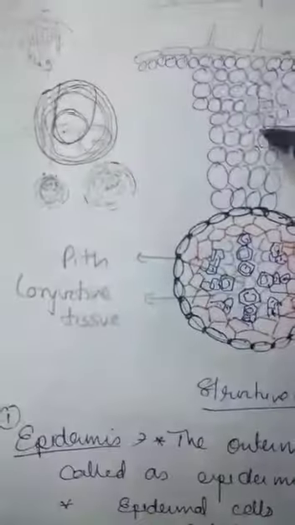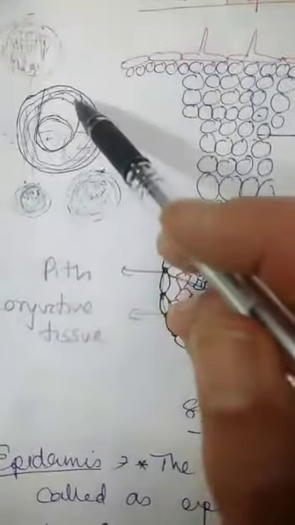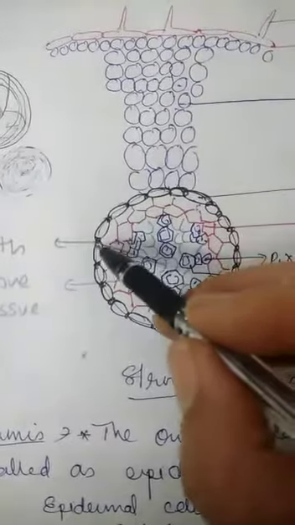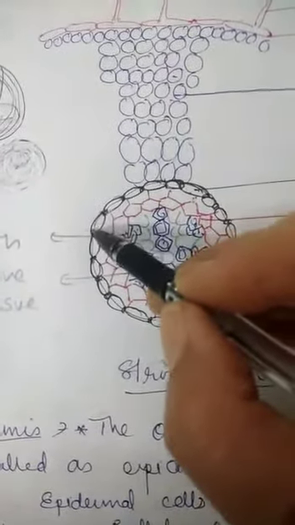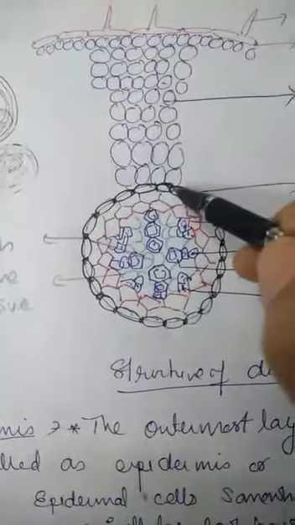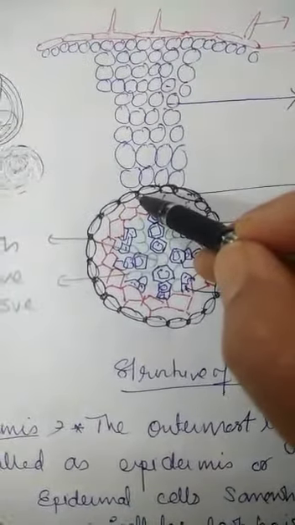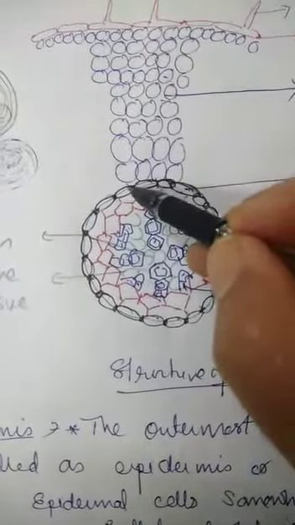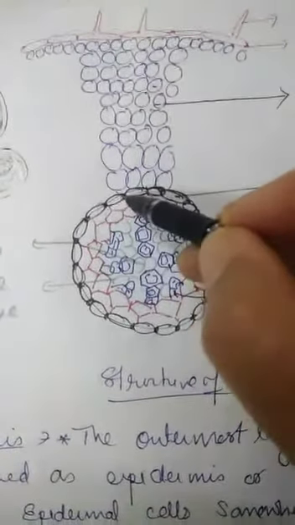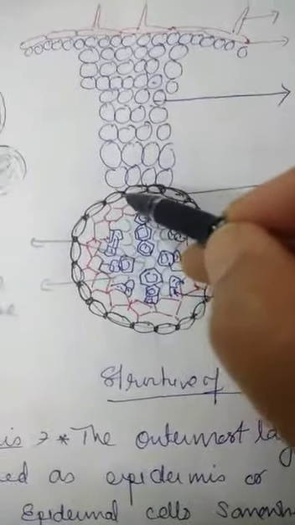This is called a diagrammatic sketch, and this is a cellular sketch. So this layer is called what? Endodermis. This endodermis has very specialized thickening on its tangential and radial walls, and this thickening is due to the deposition of a substance called suberin, which is impermeable to water.